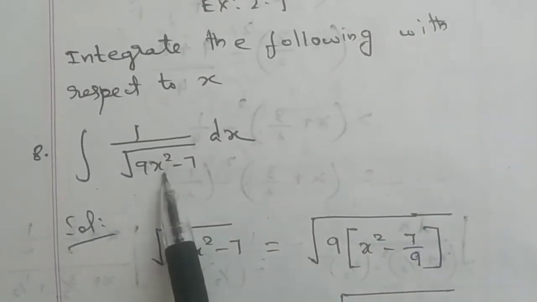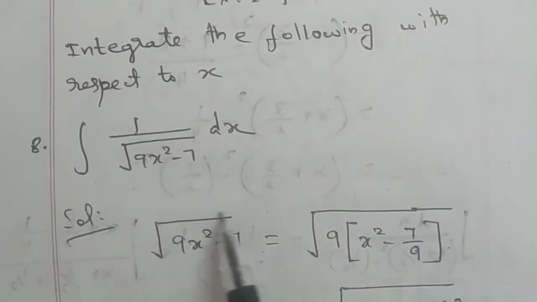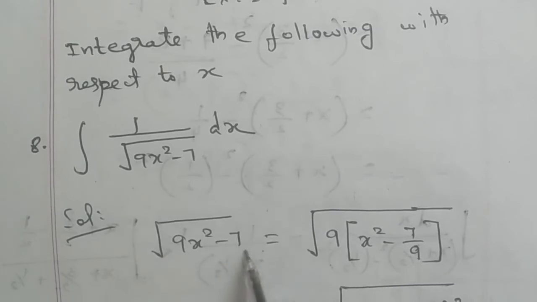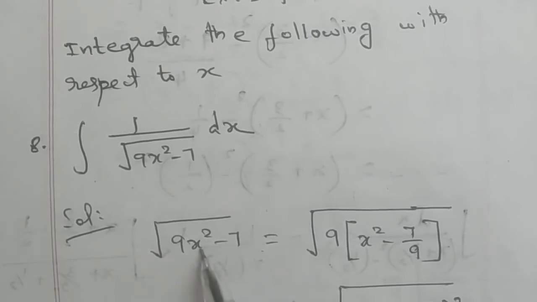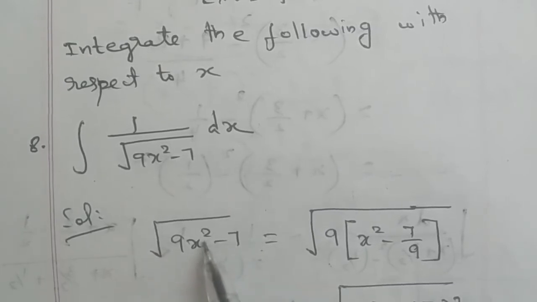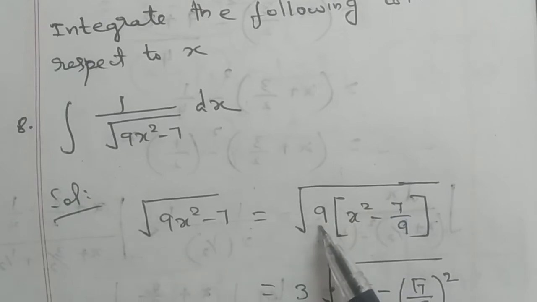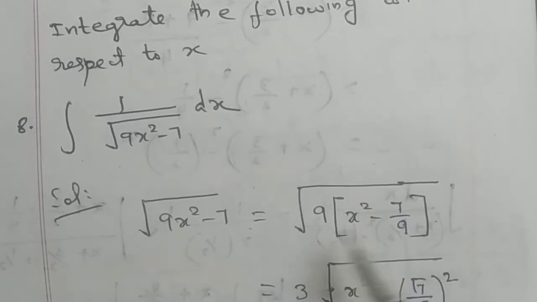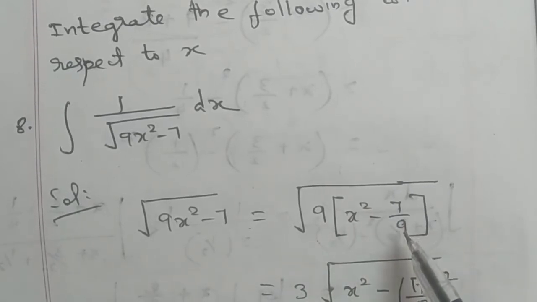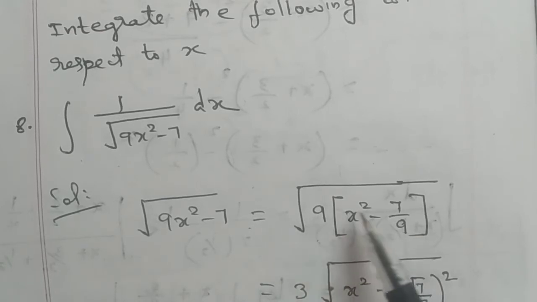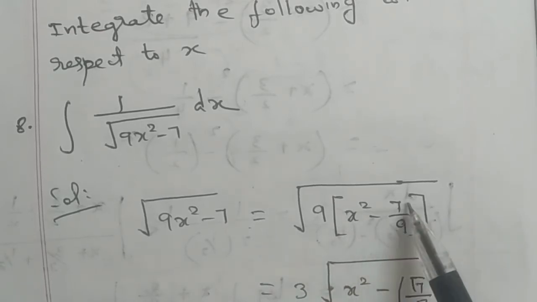So what is given in the denominator? Square root of 9x square minus 7. What is the coefficient of x square here? The coefficient of x square is 9. So take 9 common outside: square root of 9 into x square minus 7 by 9. Taking 9 as the common term, the remaining term is x square minus 7 by 9.